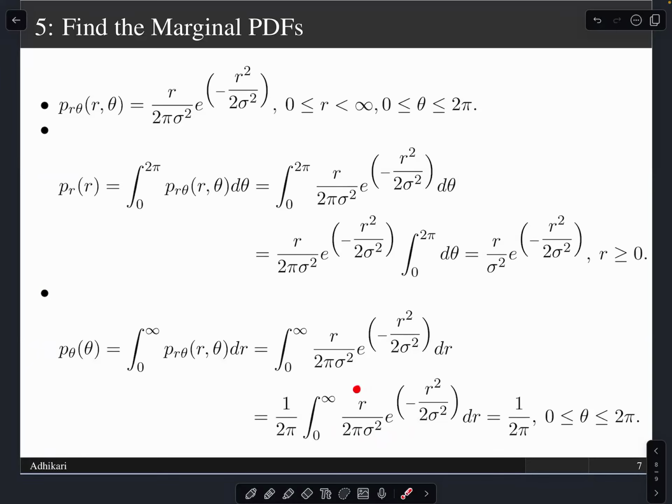And integrating the PDF of anything over its entire support, in this case 0 to infinity, always gives us a 1. So we're left with just 1 by 2 pi. That means the marginal PDF of theta is 1 by 2 pi, and its range is 0 to 2 pi. So it happens to be a uniform distribution.